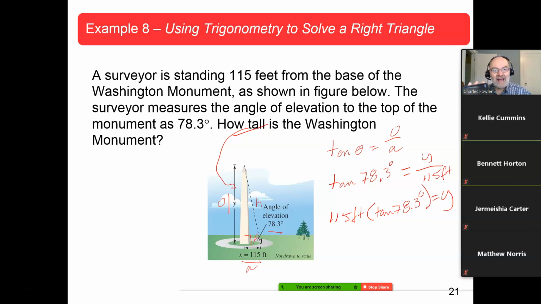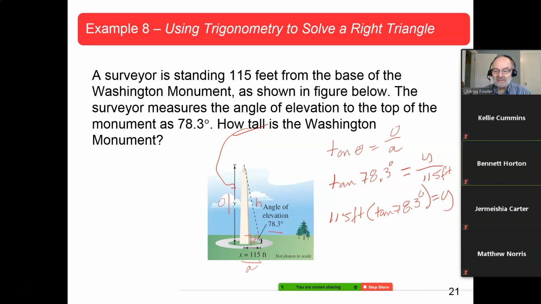Okay? I have to enter the degrees first and then do the tangent. So since I'm in degree mode, 78.3 and then press the tangent key. It's hard for me to read backwards. And that gives me 4.8 blah, blah, blah, an irrational number.